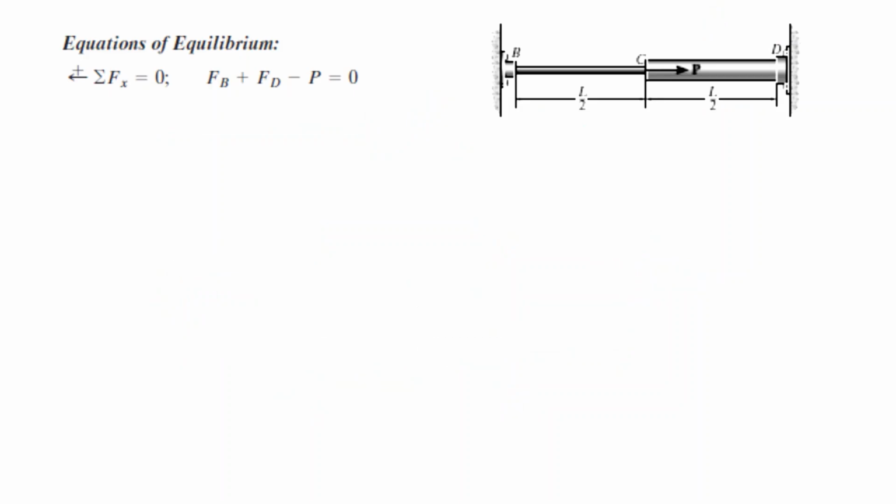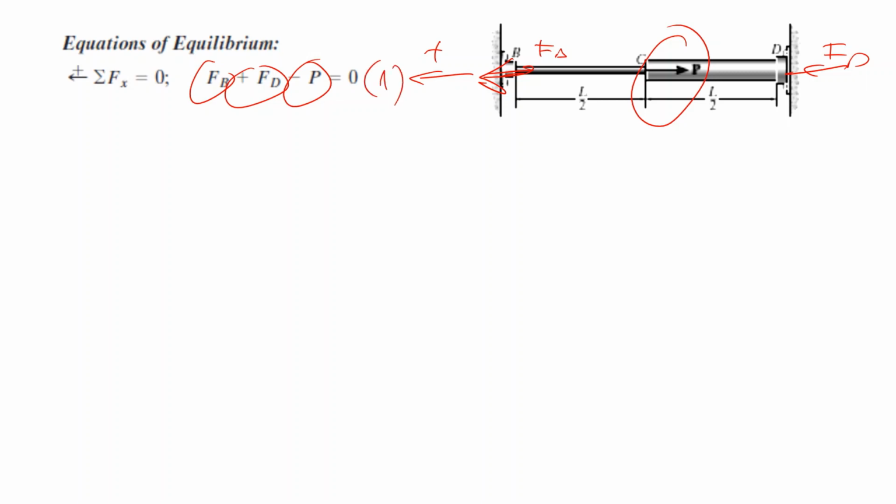Okay, equilibrium. Well, let this be the positive x. So I have FB and FD: FB plus FD minus F minus P equals 0, one equation.